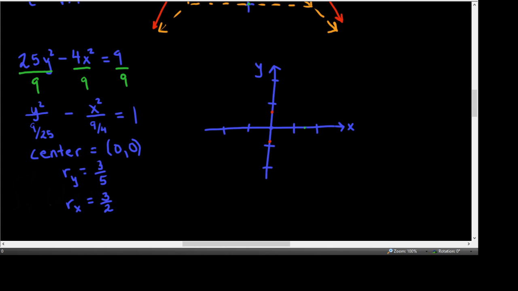So about there and about there from the center, both left and right, 3/2. Then I'm going to build a box that uses those 4 points as guiding points for my box. When the box is done, you'll notice that those 4 points are the midpoints of the 4 sides of the rectangle, if you've done it correctly.